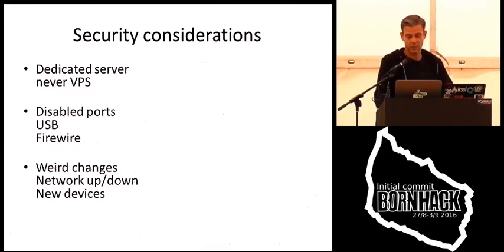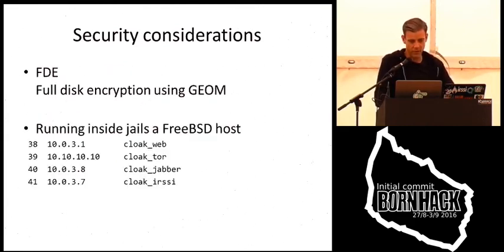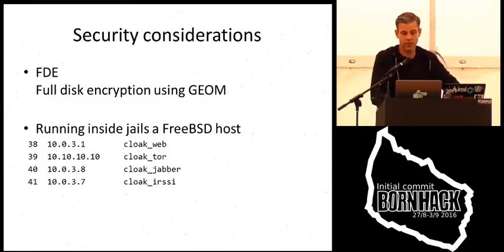I also run a script on it so that when weird changes happen to the server, it'll lock down. So if someone pulls the network cable and puts it into another switch, my server will lock down. I also use full disk encryption on the server. That means if someone takes out the hard drive, they only get gibberish, but I think you all know this. Also the services are running inside jails set up on the FreeBSD machine, which runs FreeBSD.